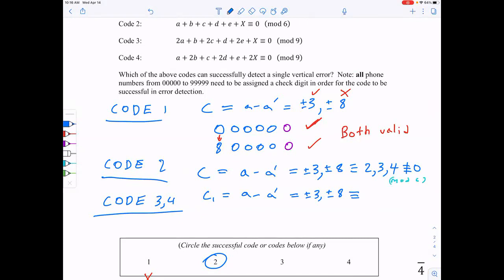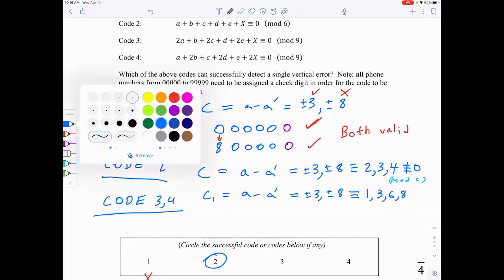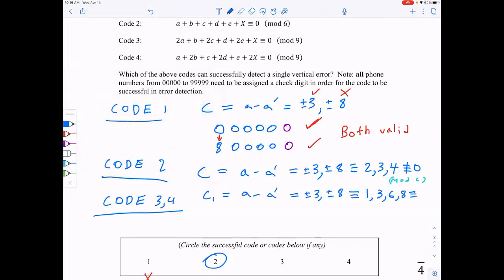So if we think about all the possibilities there, you could get a 1, you could get a 3, you could get a 6, or you could get an 8. Again, none of those are congruent to 0 in mod 9. So there's no issue with the first type of change that could occur for code 3 and 4. So we get successful detection.